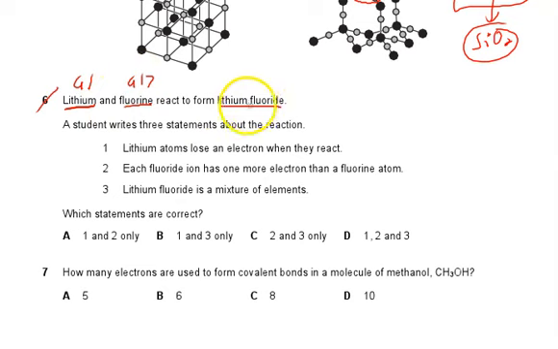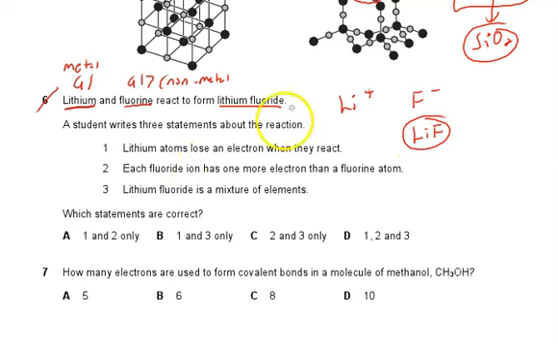So they will form ionic bonding, because this is a metal and this is a non-metal. The group 1 will form a positive ion and the fluorine will form a negative ion, and they will have a strong electrostatic force to attract them and form the bonding.